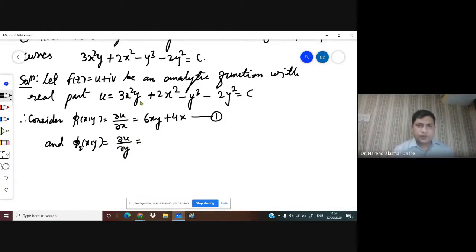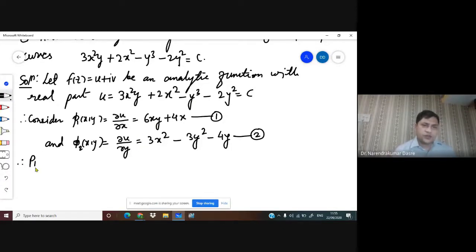So here we have 3x square, then with respect to y we have to consider, so 3y square minus 4y. So this is equation 2. Okay. So we got this with respect to x, with respect to y. And now we have to consider the third step.